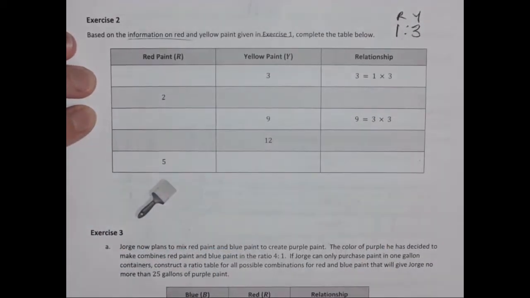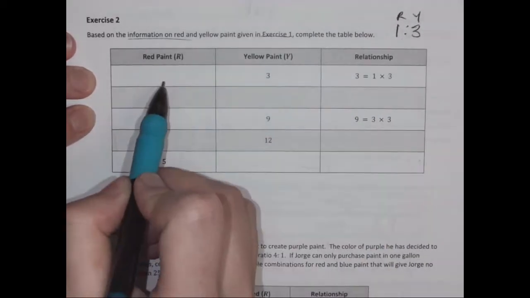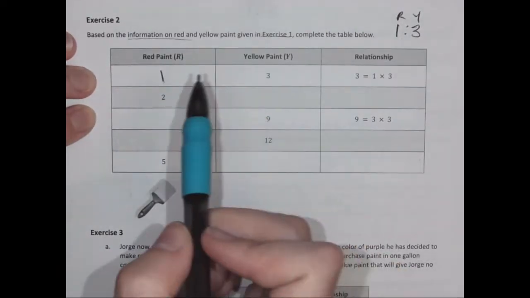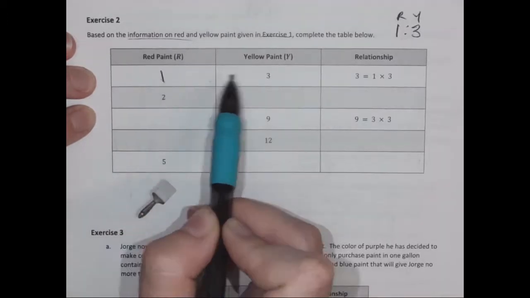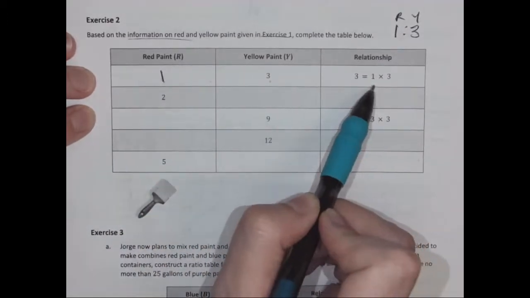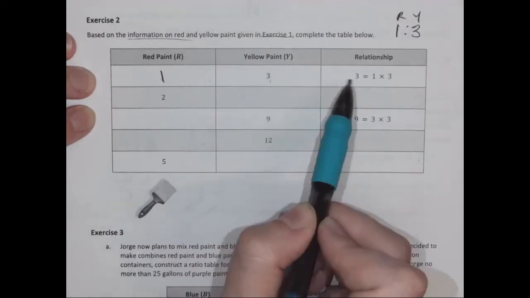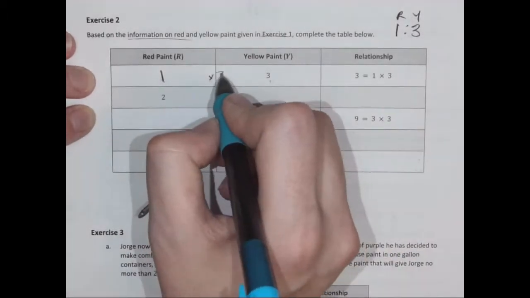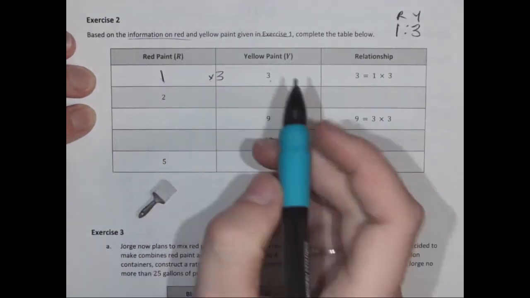So, what goes here? 1. Because the relationship is 1 times 3 equals 3. 3, which is our yellow paint, is 1, which is our red, times 3. So that's the relationship. We're multiplying by 3.